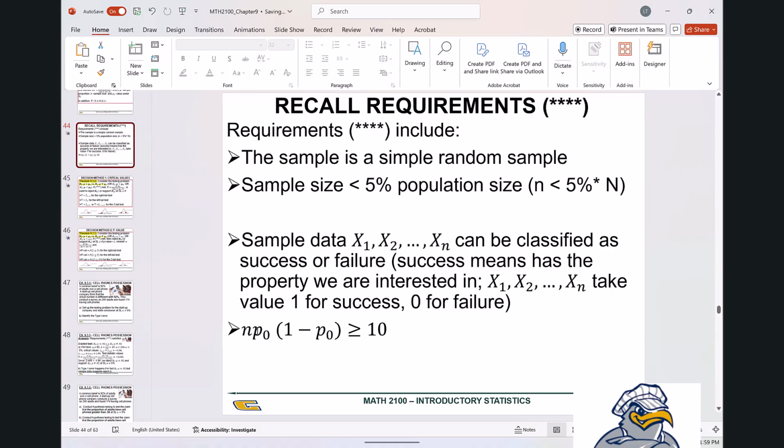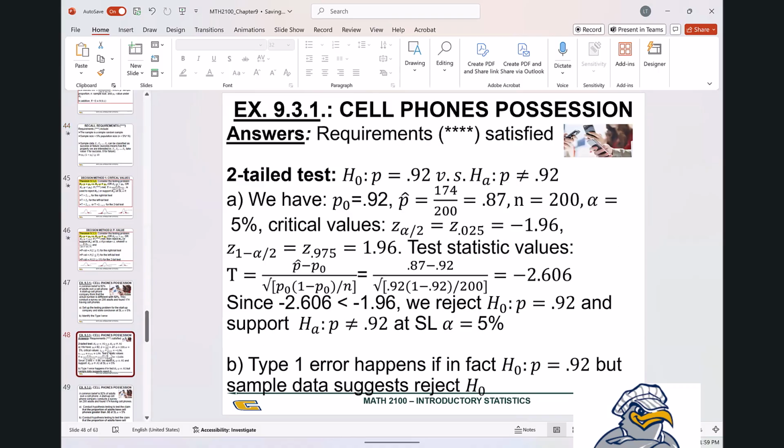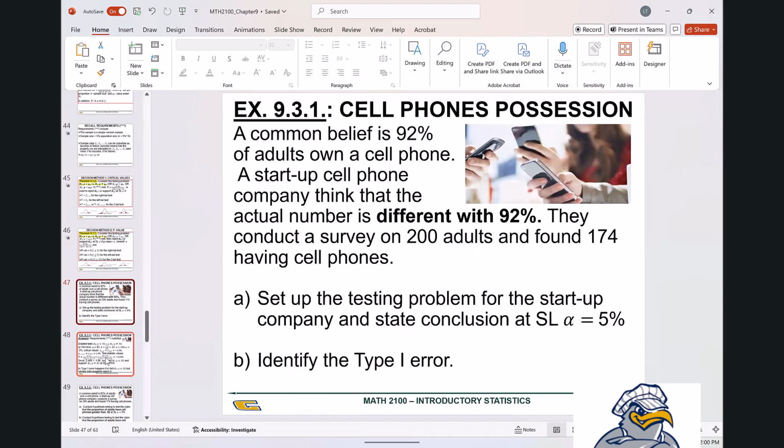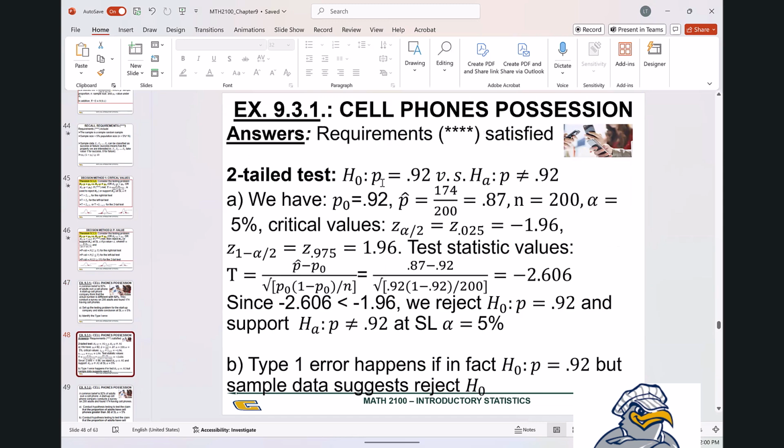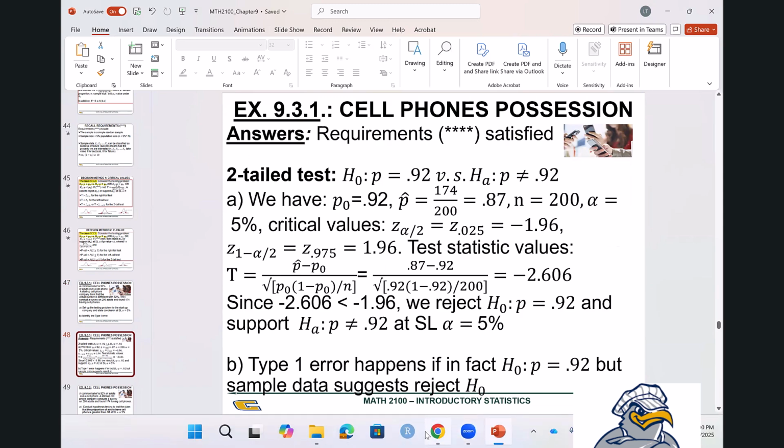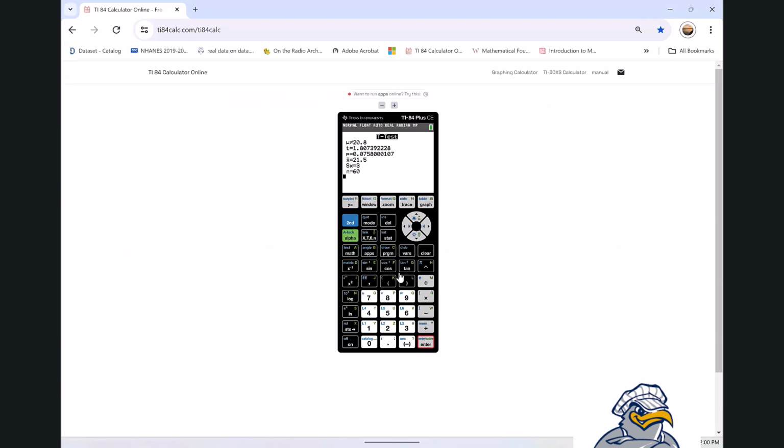Then n times p naught times 1 minus p naught should be greater than or equal to 10. In this case, p naught would be 0.92. If you plug in, you should see 200 times 0.92 times 0.08. Let's see whether I get it.